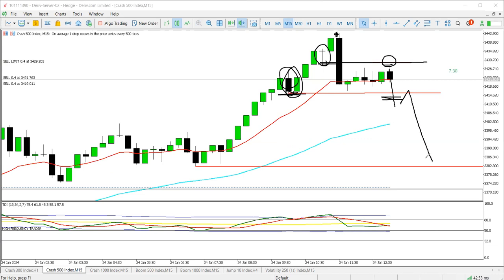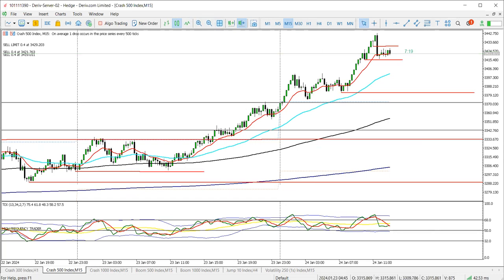Then potentially we can drop all the way to today's lows, which is also around yesterday's highs. Let me just check. Yeah, it's around yesterday's highs. So that's the current targets: yesterday's highs, today's lows. If price can do this, that will be the setup.